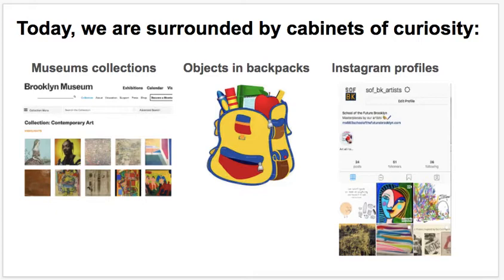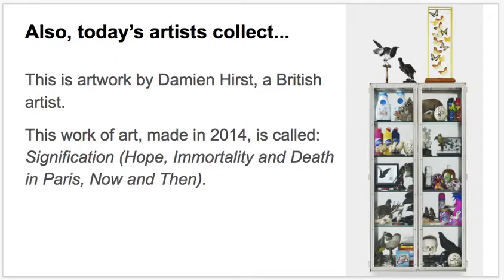Artists today also collect. This artwork on the right is by Damien Hirst, who is a British artist. His work of art, made in 2014, is called Signification: Hope, Immortality, and Death in Paris, Now and Then.